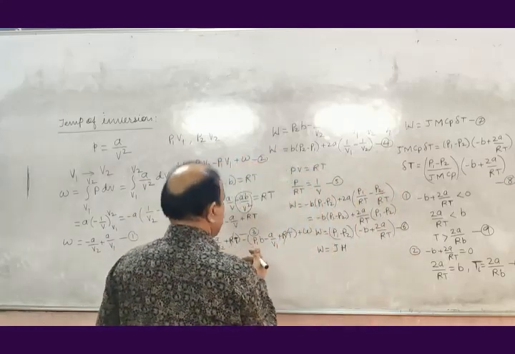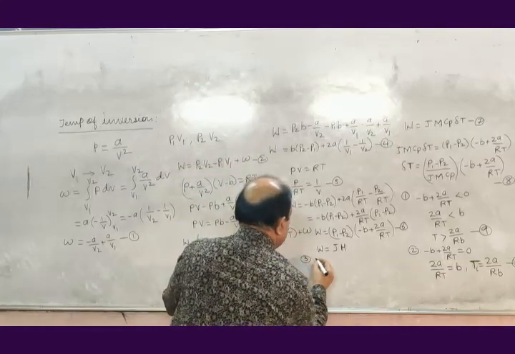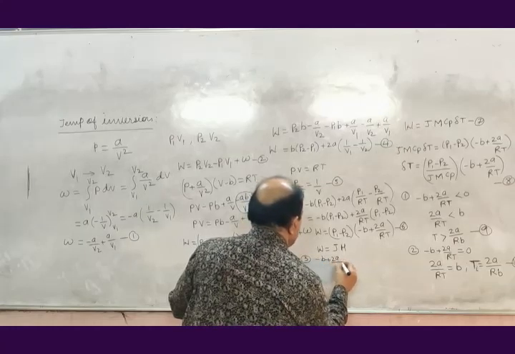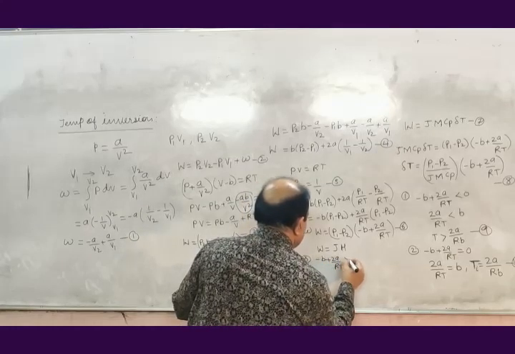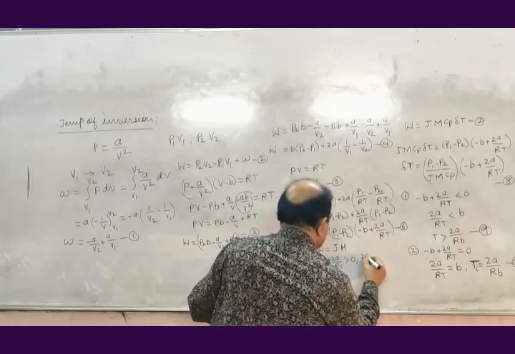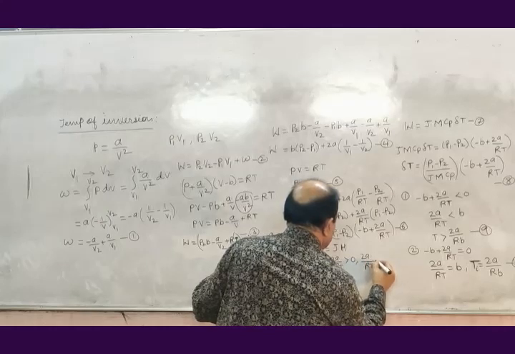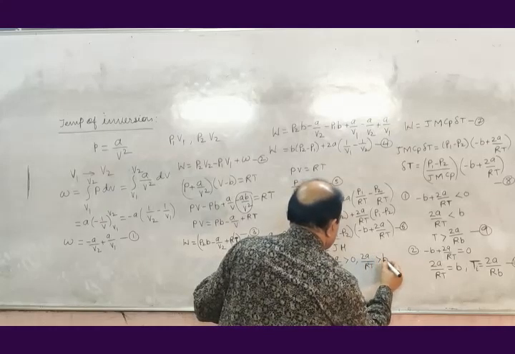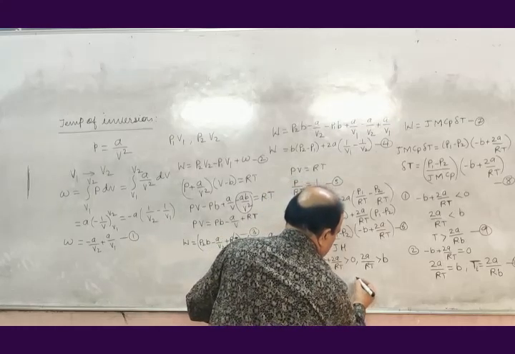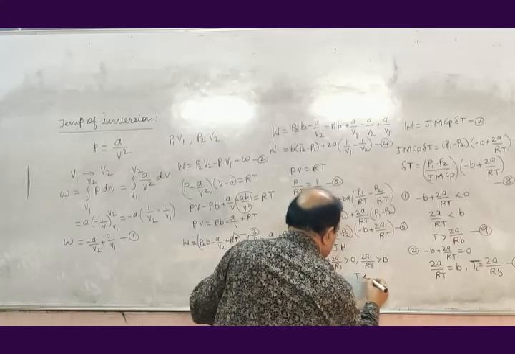Delta T will be positive. Case number 3. If minus B plus 2A by RT is greater than 0, that is 2A by RT greater than B, or T less than 2A by RB.